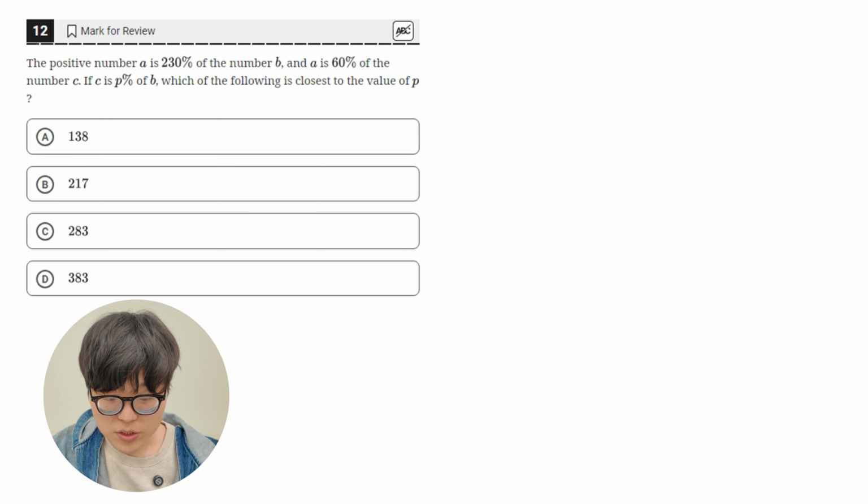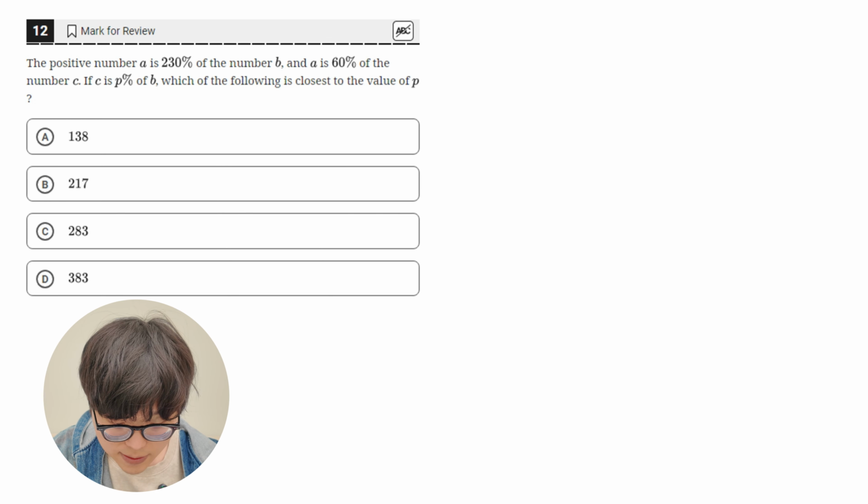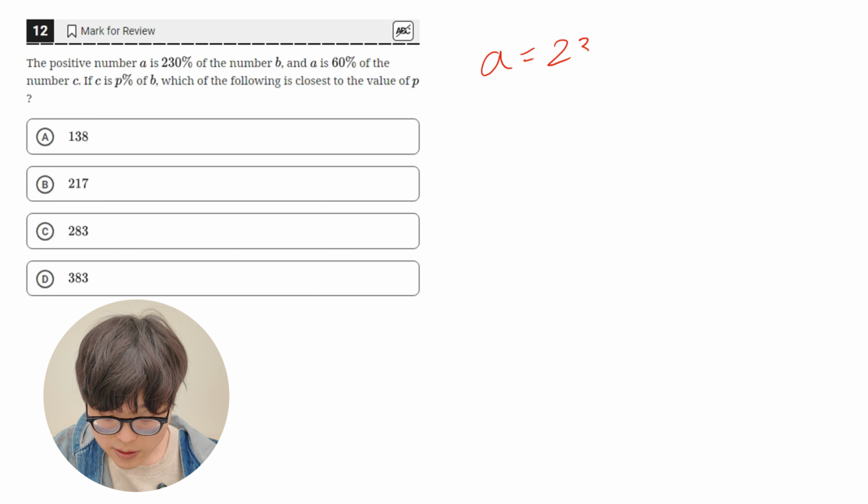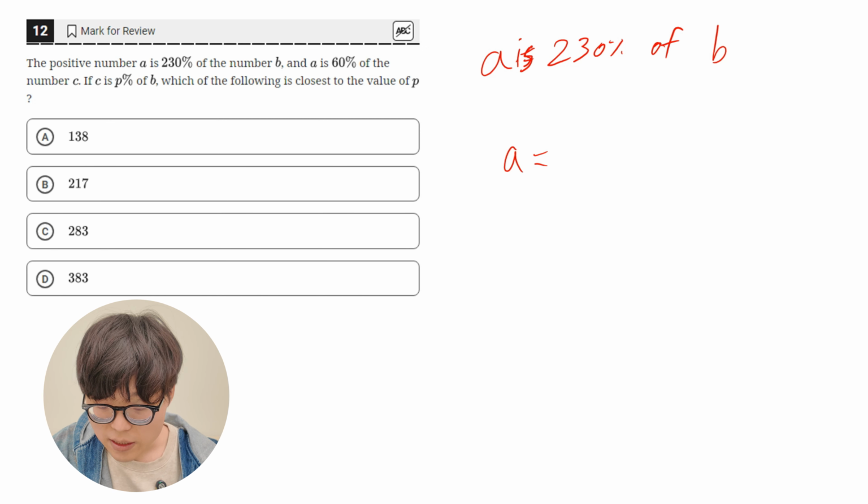We take this question as an example. We're going to go through each sentence step by step. So the first sentence says a positive number A is 230% of B. Now we know that "is" means the same as equals, and "of" has the same meaning as times.